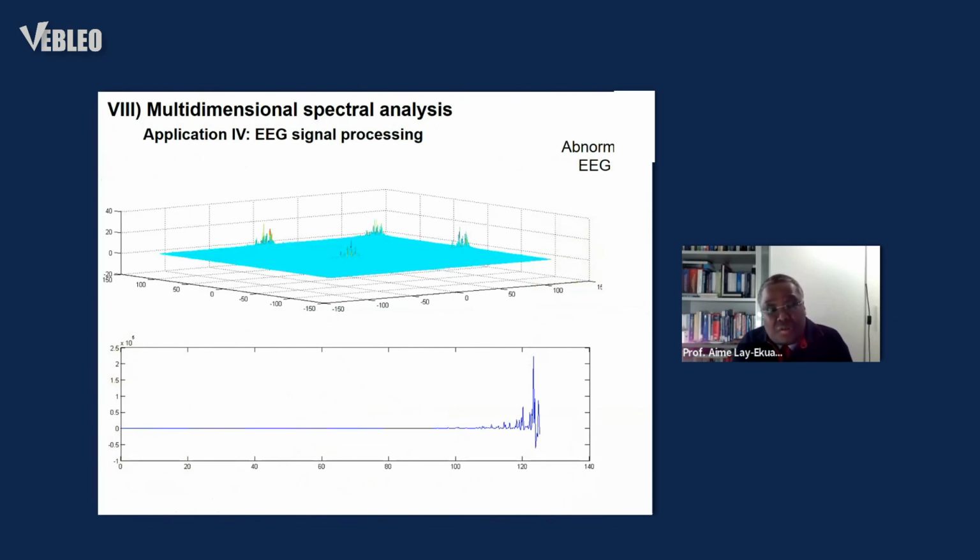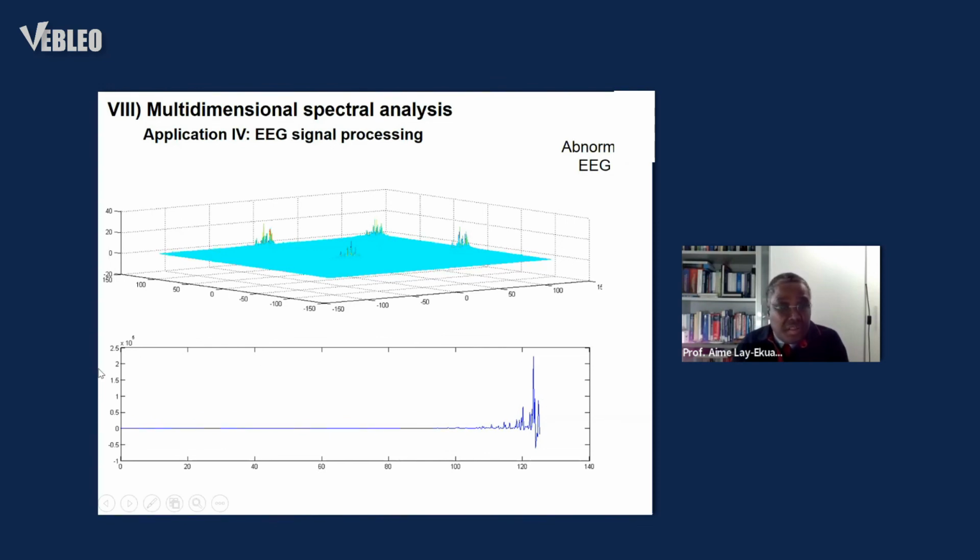And the last example is in the field of biomedical application. Here, we want to detect in a multidimensional way the presence of epilepsy in a child. So here we have the abnormal EEG with the peaks.